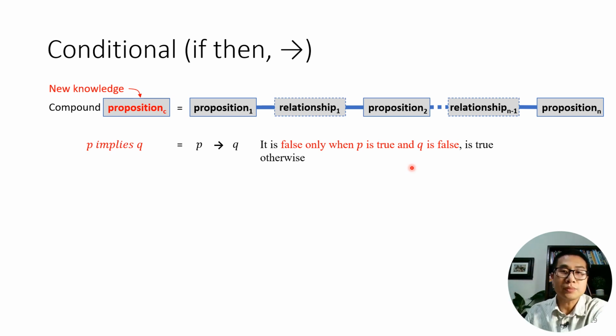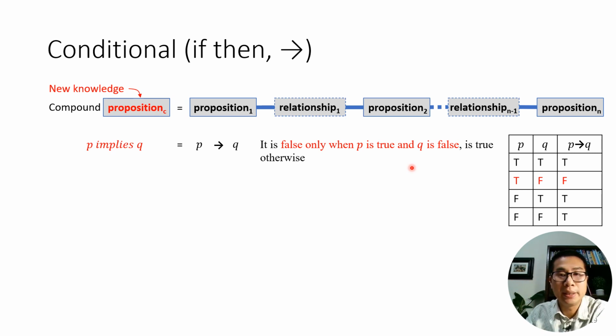So this is the truth table again. Everywhere else is going to be true except when the premise is true but the consequence is false, then that one is not true. But if you have a false premise, whatever comes with the consequence is fine, it is true. Let's have some examples as well.